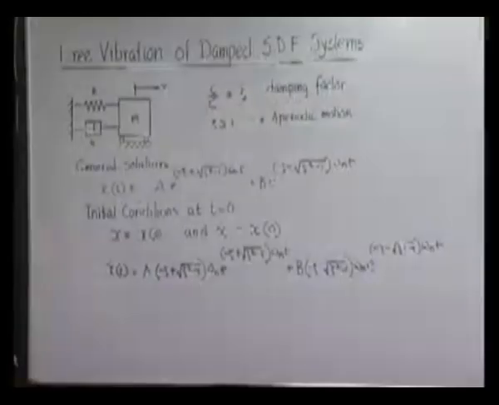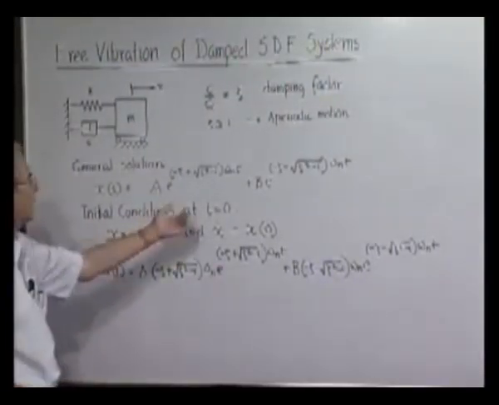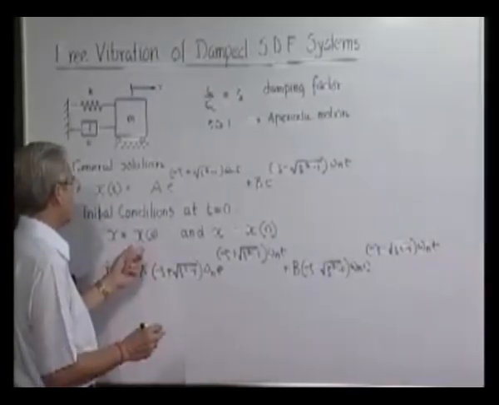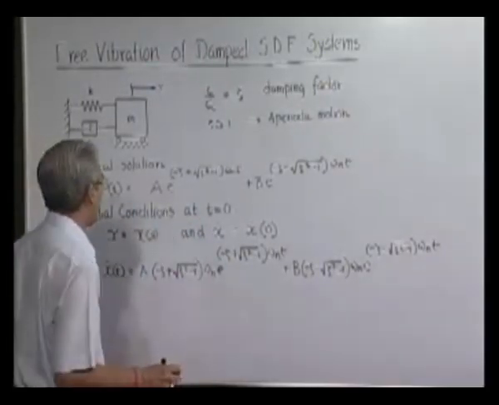Now, when we put these conditions, let us say that x is equal to x0 at t is equal to 0.